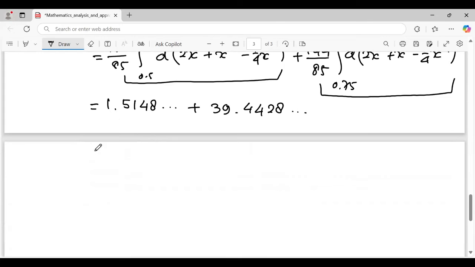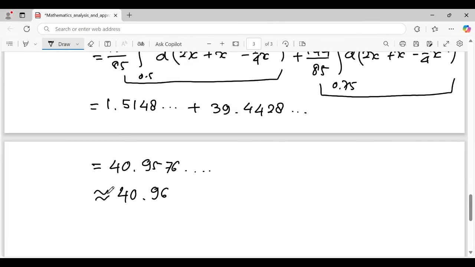And the total result is 40.9576 and so on, rounded to 2 decimal places, $40.96, that is $40 96 cents.